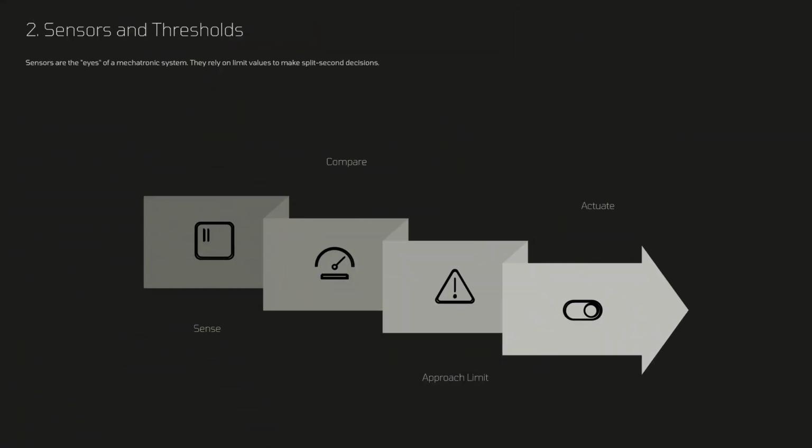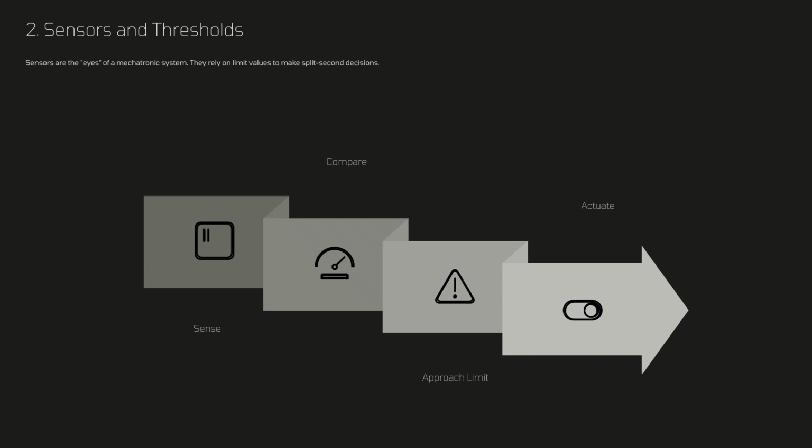In this slide, we will talk about sensors and thresholds. Sensors act like eyes, and threshold limits help them decide when to act. What are sensors? In simple meaning, a sensor detects changes in the environment.